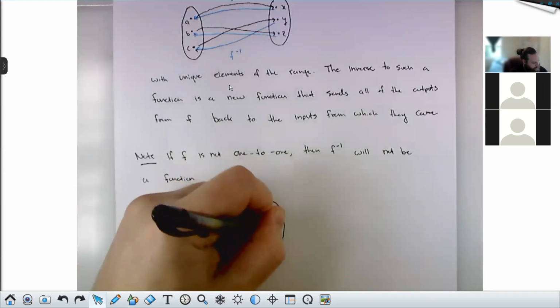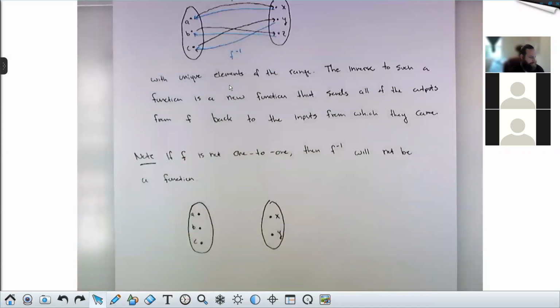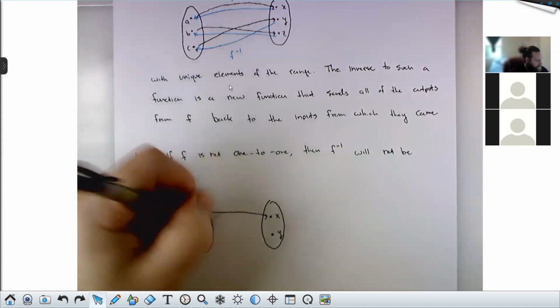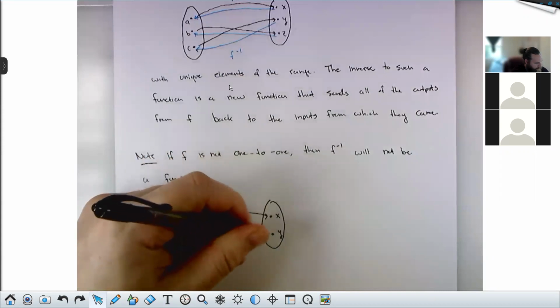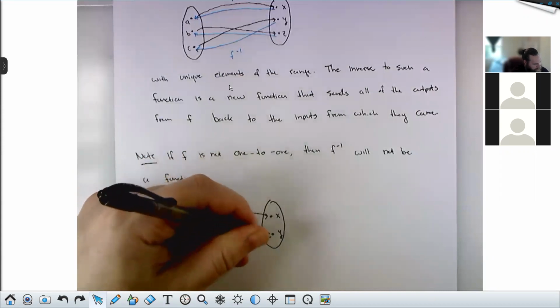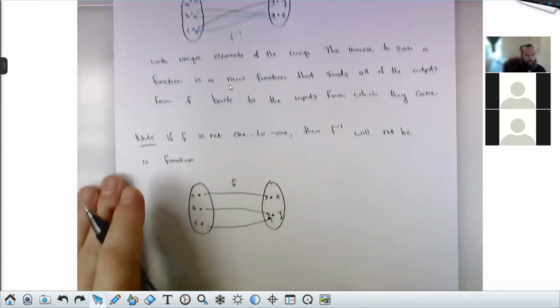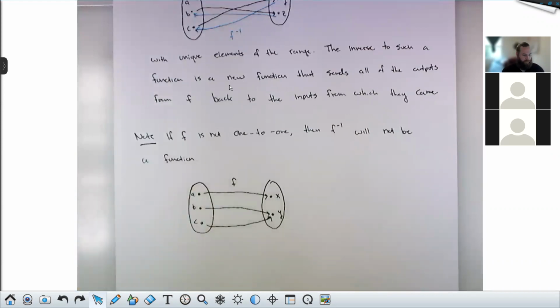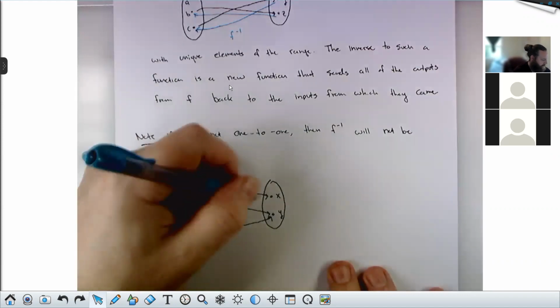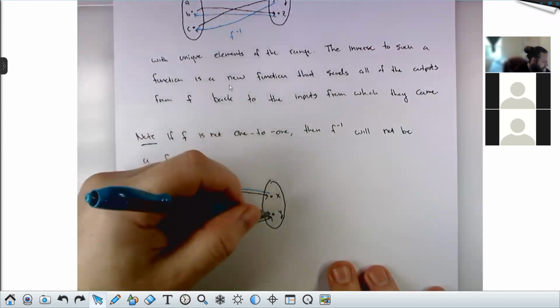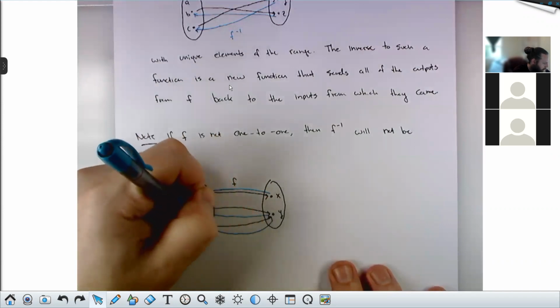And over here in the output space, I just have two things, x and y. Suppose f sends a to x, sends b to y, and also sends c to y. The inverse here just turns the arrows around. So it sends x back to A, but it has to send y to both B and C.